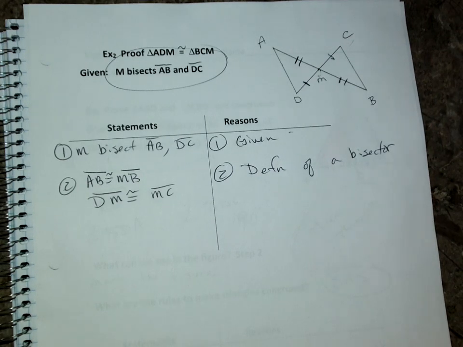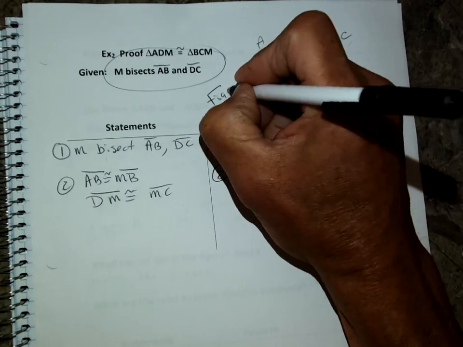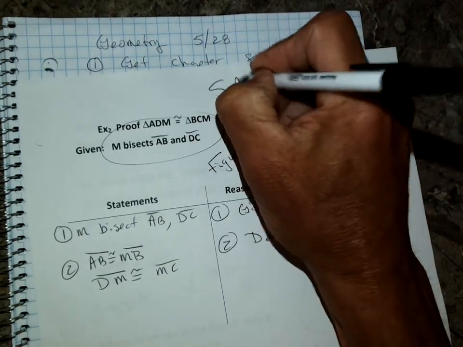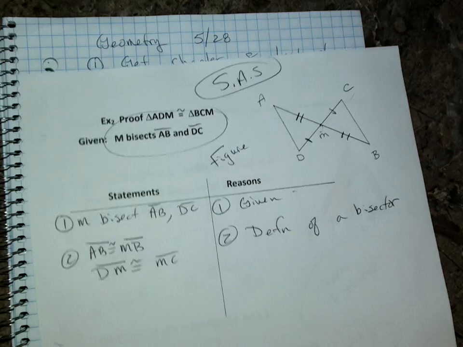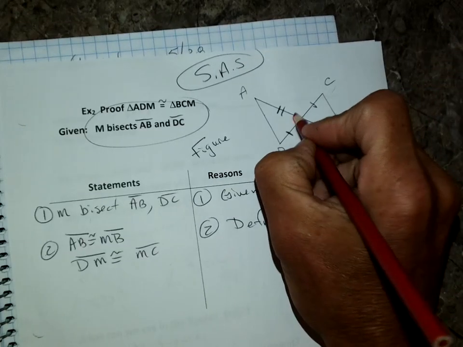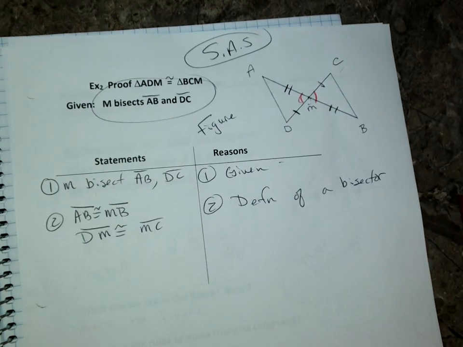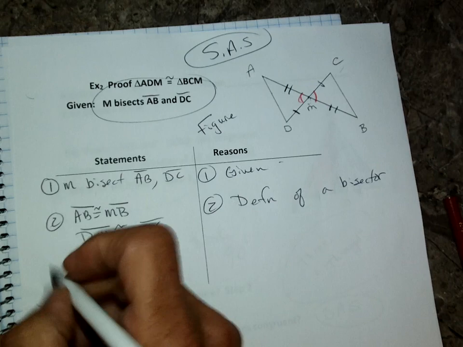Now I need 3 things, right? So I look at the figure. So then second thing is like, let's look at the figure, okay? And again, we're looking for SAS, because that's our theorem, right? So what I notice is that vertical angles, that angle has to be equal to that angle. And that gives me my side angle side. So the figure itself gives me the third thing.